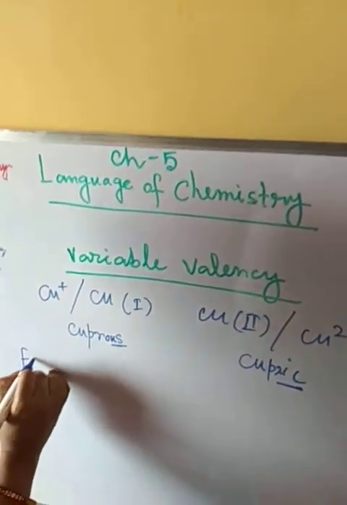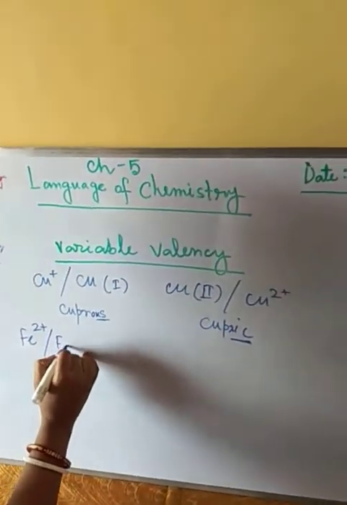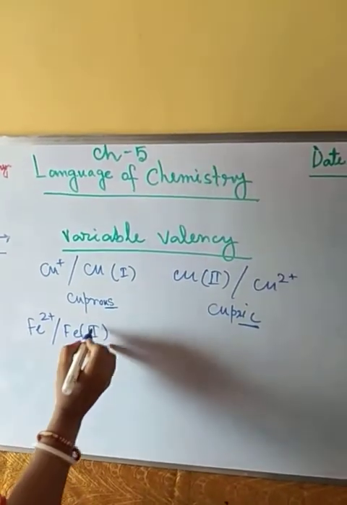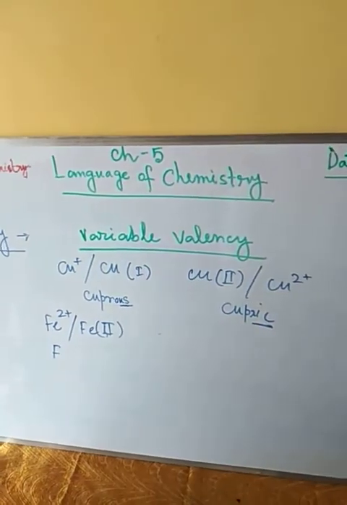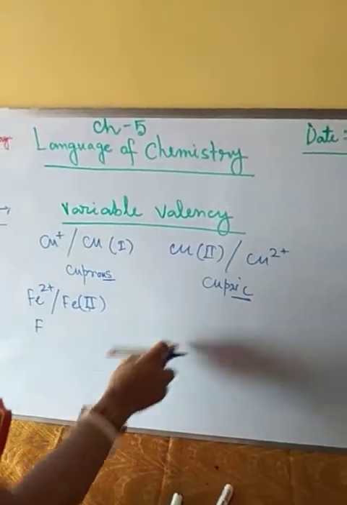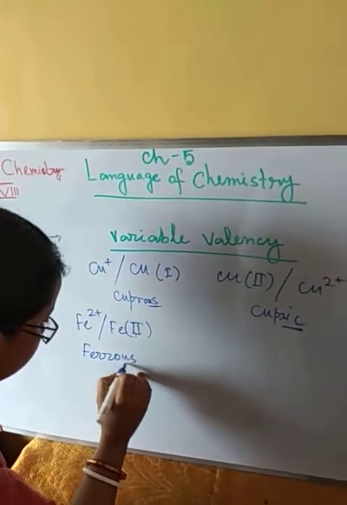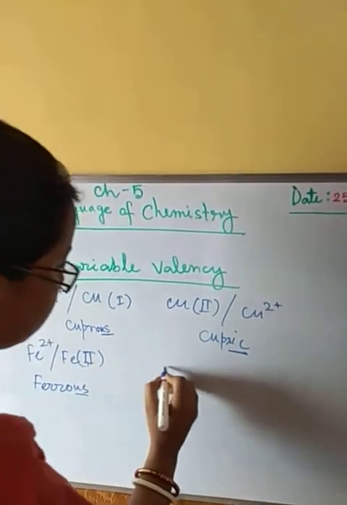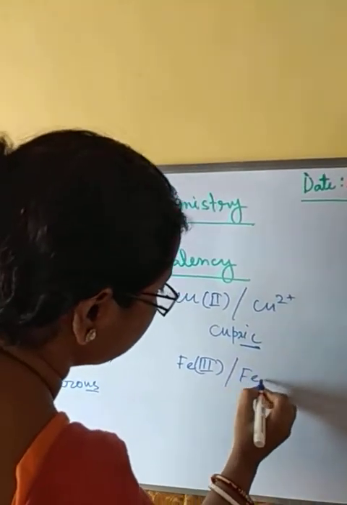In the same manner, for iron we see iron 2 plus, which we can write as iron 2, Roman 2. For iron we use the term ferrous for the lowest valency, and this is iron 3, which can be written as iron 3 plus.